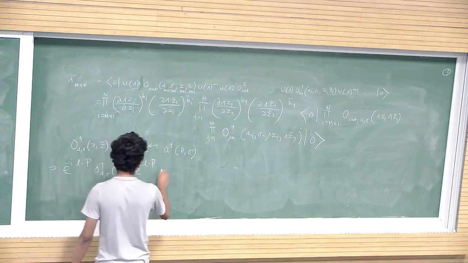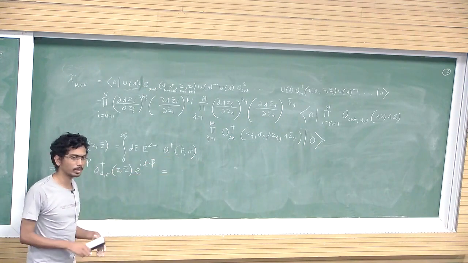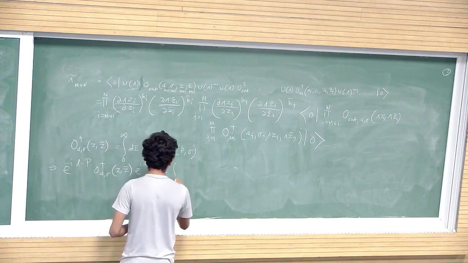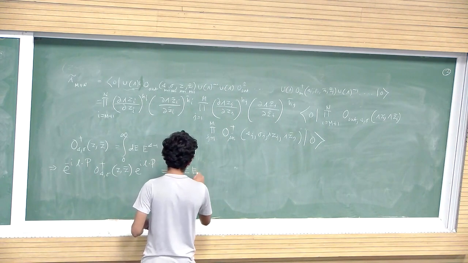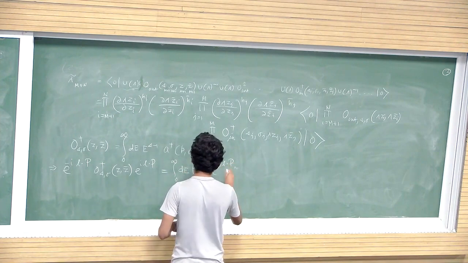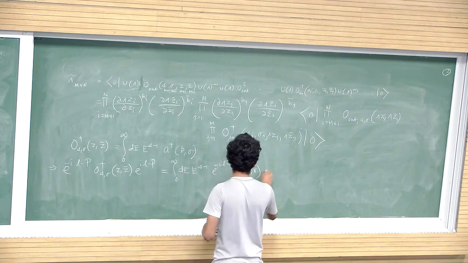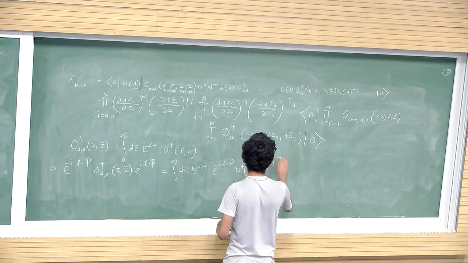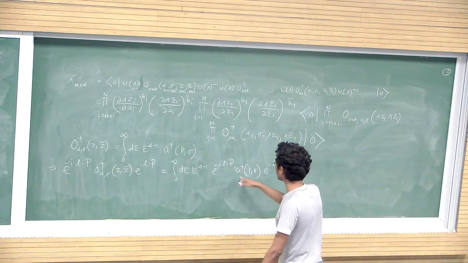This transformation will hit directly on A dagger p comma sigma. So 0 to infinity, e to the minus I L dot p A dagger p comma sigma e to the I L dot p. Now under the translation how does this behave?